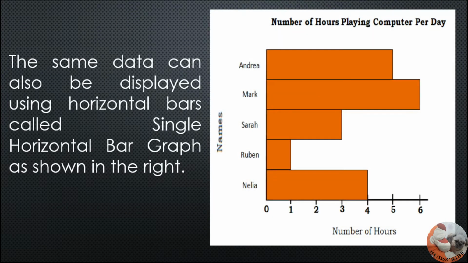The same data can also be displayed using horizontal bars called single horizontal bar graph as shown in the right. Same title, number of hours playing computer per day. This time you can see in the vertical axis the names of the children playing computer, while on the horizontal axis the number of hours.